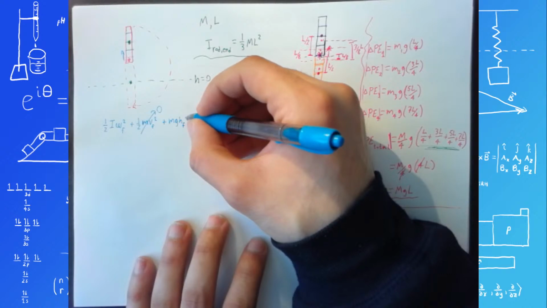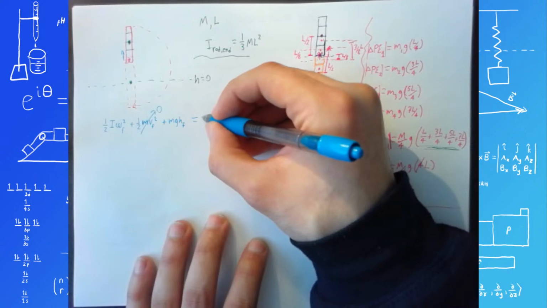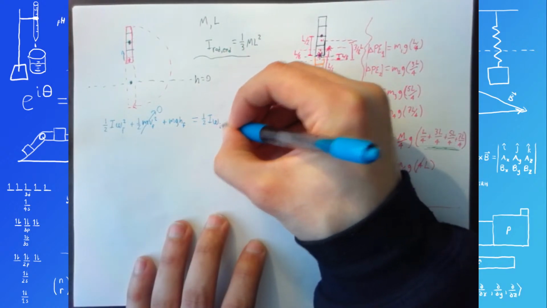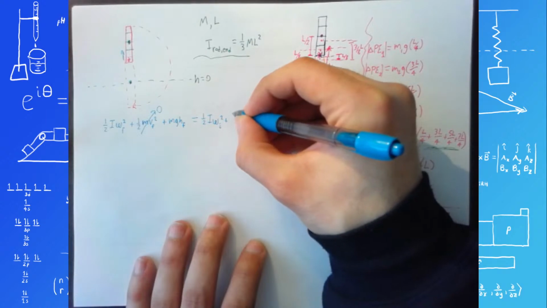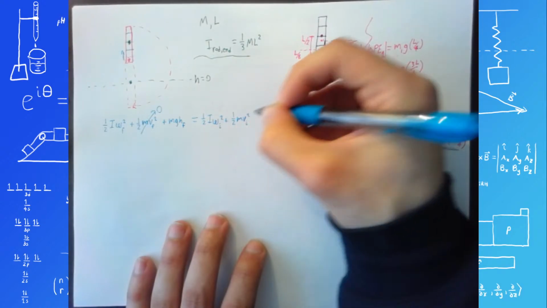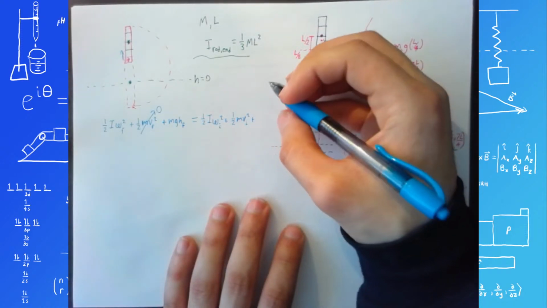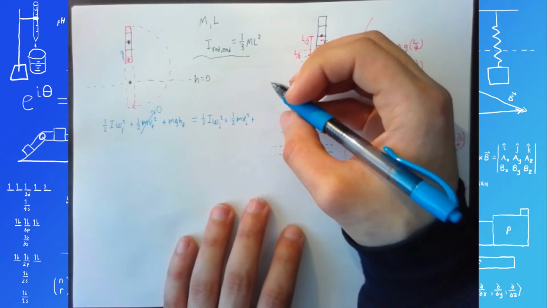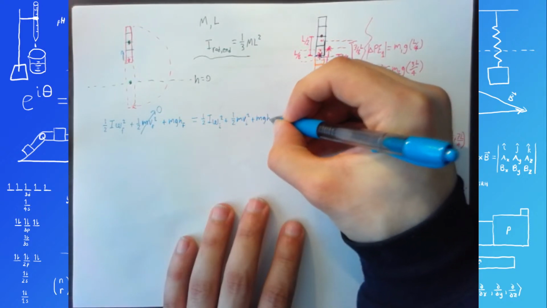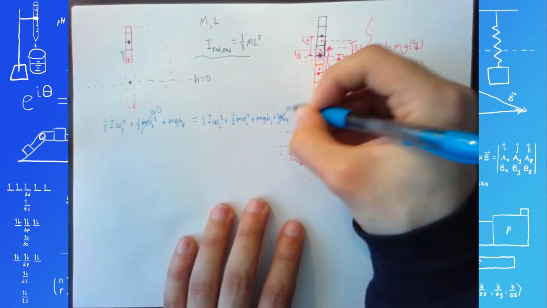And there's no spring potential energy to take into consideration, so we're done with that side. Equals 1/2 I omega initial squared plus 1/2 m v initial squared plus m g h initial plus the non-conservative work, which is 0.